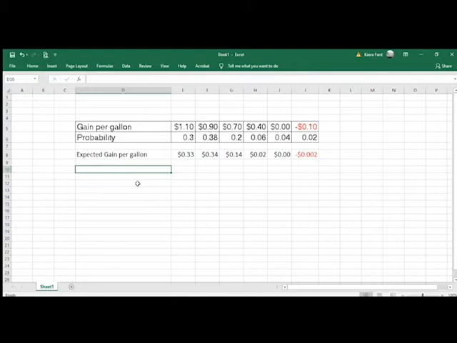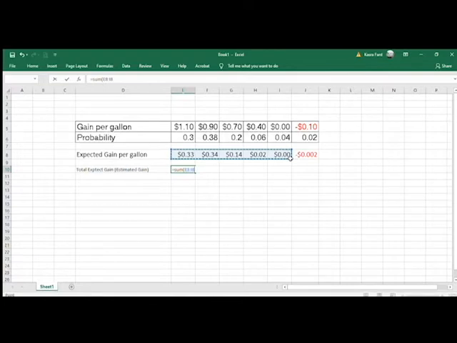But that's not the total gain. This is not what we're going to see. The total expected, and in our case, estimated gain per gallon, is going to be the sum total of all these numbers. So this is very important to understand: each scenario on its own means nothing really to us.